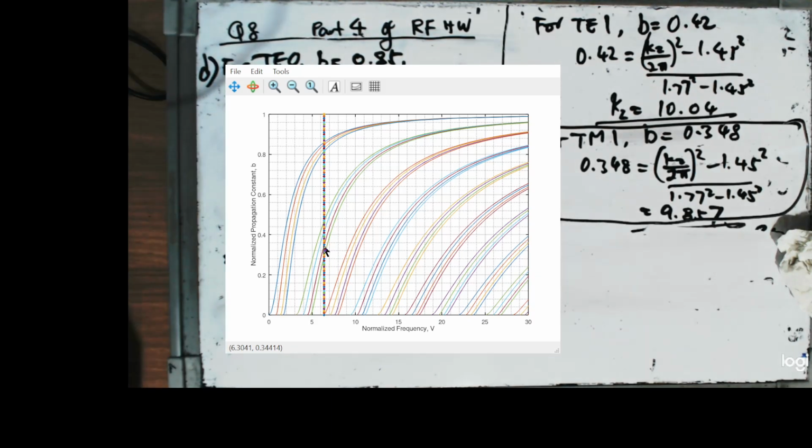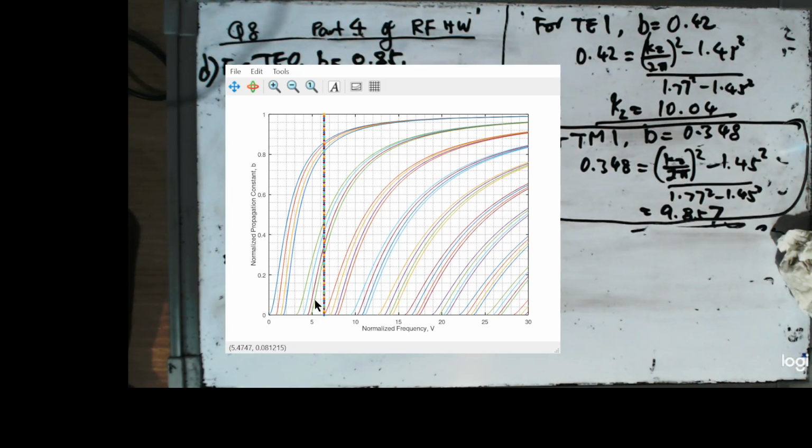So if we scan this line, I can see that the V number here is 4.43. Can you see the number here? 4.43. So the V number should be 4.43.